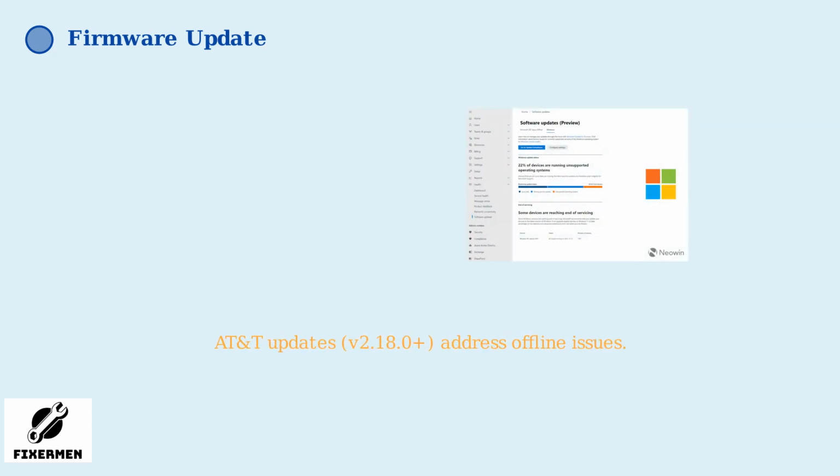This process ensures your gateway has the most recent improvements. AT&T has released specific updates, version 2.18.0 and later, that directly address offline connectivity problems. Keeping firmware up to date is crucial for optimal performance and stability. These updates improve power management and reduce interference from environmental factors.